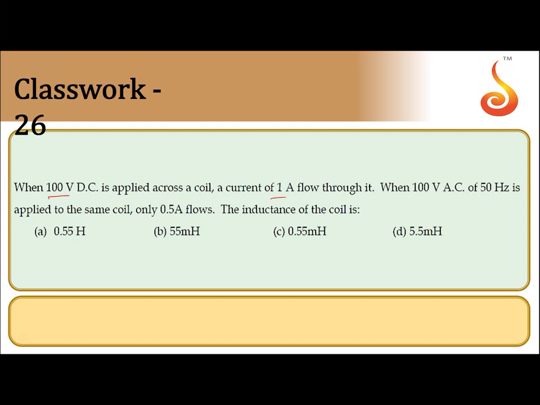So when DC is applied, what you get is resistance. So resistance of the coil is 100 volt divided by current is 1 ampere, so it will be 100 ohm. When AC is applied, what you get is impedance. Impedance is Z. Z is equal to applied voltage is 100, current is 0.5.